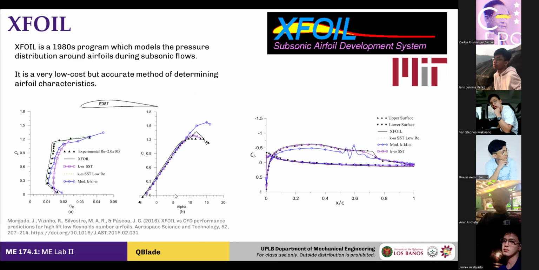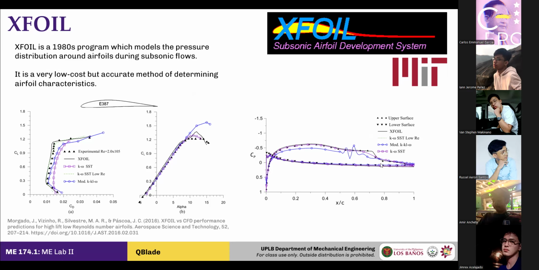Medyo malapit siya. In terms of pressure distribution or at least sa pressure coefficient, if you look at the rightmost graph, maganda yung performance ni X-foil compared to everyone else. Si X-foil kasi ang primary value na kinocompute niya is the pressure distribution.